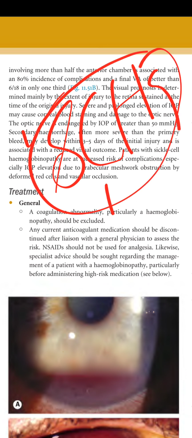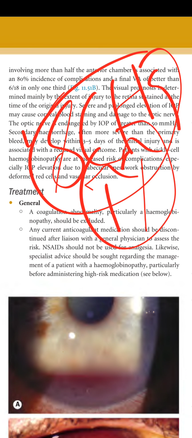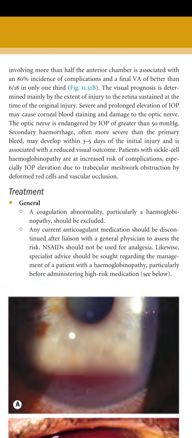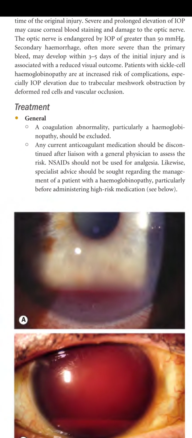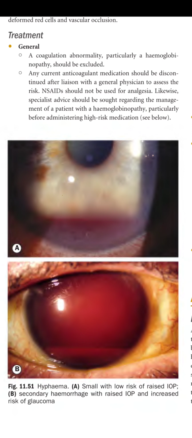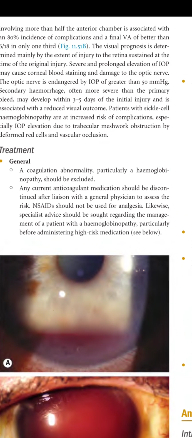Because in such cases you have to treat the patient early, especially if the patient has a high IOP spike, because they tend to deteriorate more rapidly. So how will you treat a patient with a hyphema? This is a hyphema. A is showing a small one with low risk of raised IOP, and B is showing secondary hemorrhage with raised IOP and increased risk of glaucoma.